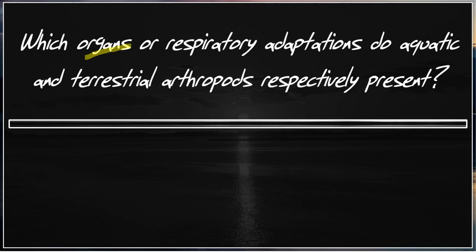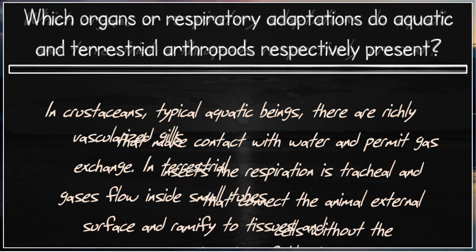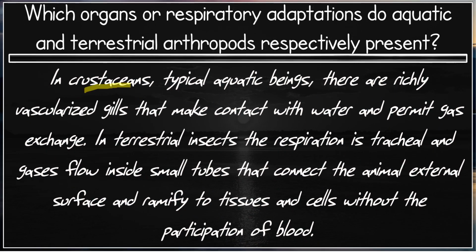Which organs or respiratory adaptations do aquatic and terrestrial arthropods respectively represent? In Crustacea, a typical aquatic being, there are richly vascularized gills that make contact with water and permit gas exchange.